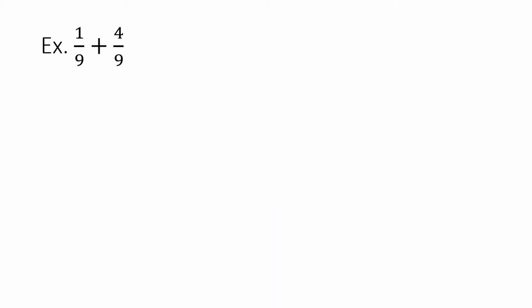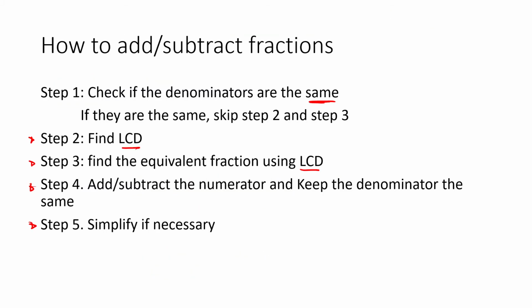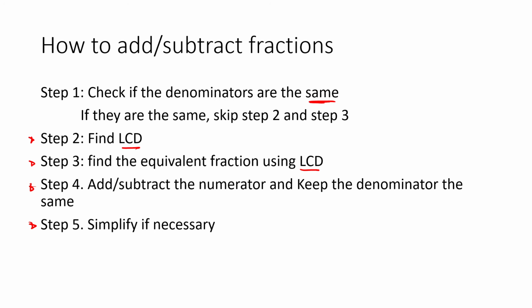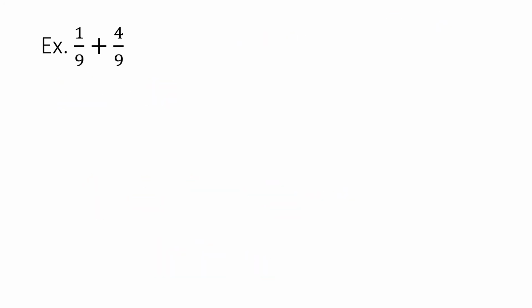Now let's move on to another example. 1 over 9 plus 4 over 9. First of all, check the denominator. They are the same, so we can skip step 2 and step 3. Now we go to step 4, add the numerators and keep the denominator the same.